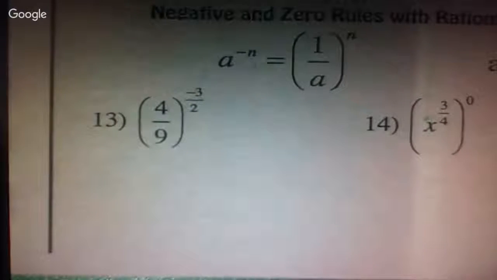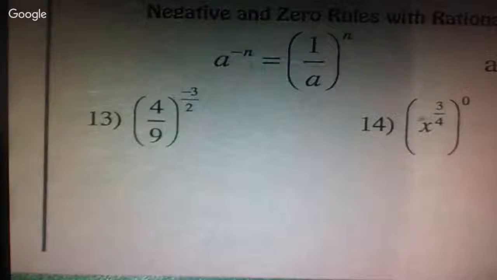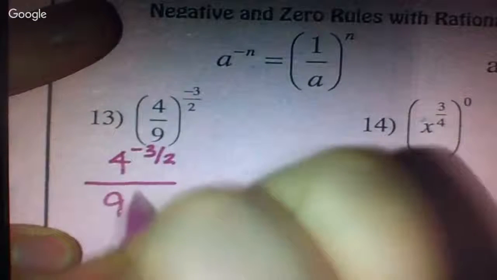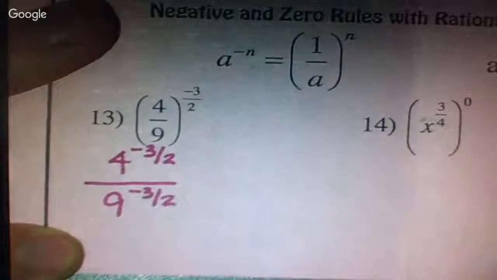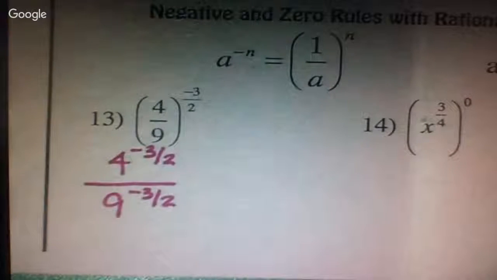13. If I just have a 4 and a 9, what's the exponent on the 4? What's the exponent on the 9? So this is technically 4 to the negative 3/2 over 9 to the negative 3/2. Okay.